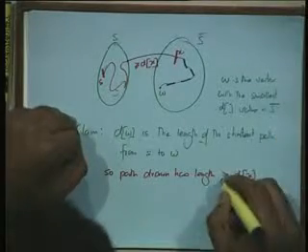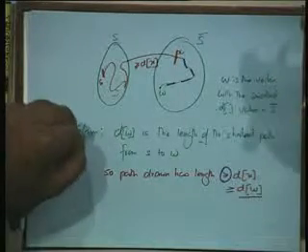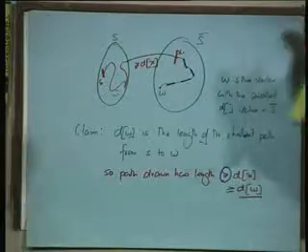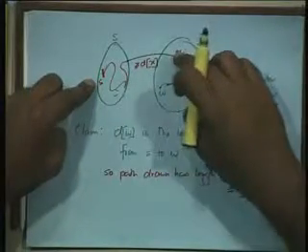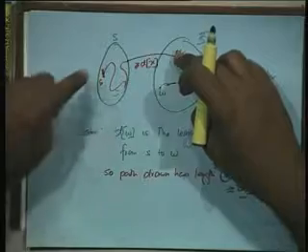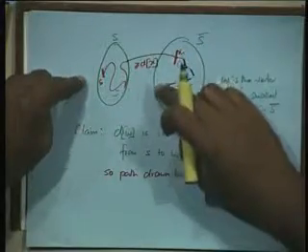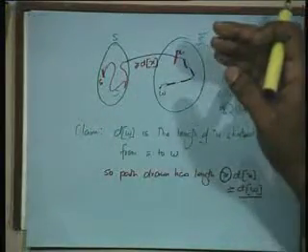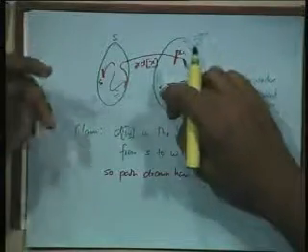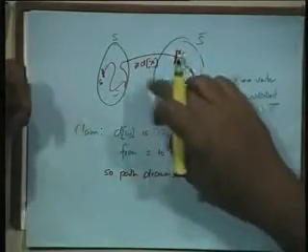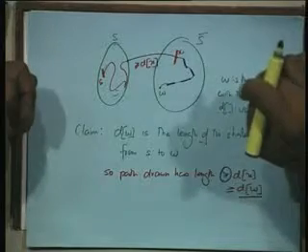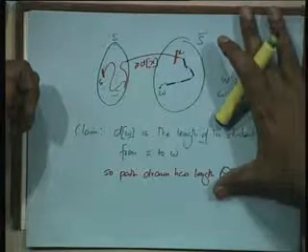So this inequality is not true, right? Because the path up to here had length D of X or slightly more than D of X, but after that it became so negative that it became less than D of W. So now I cannot say anymore that D of W is the length of the shortest path from S to W. So this thing breaks down.